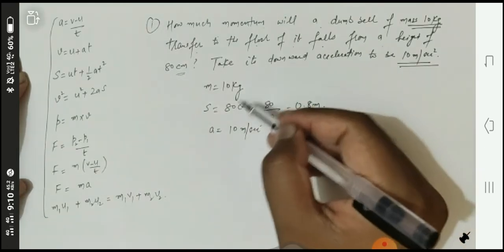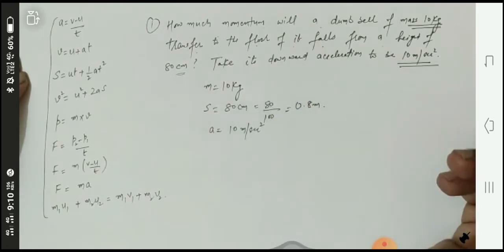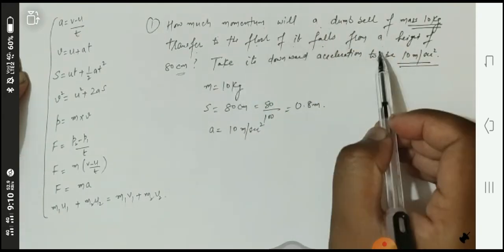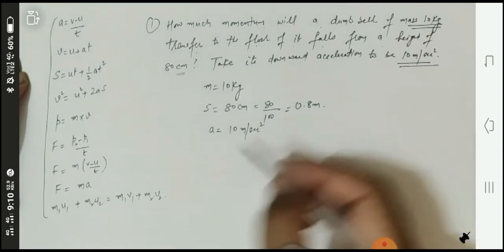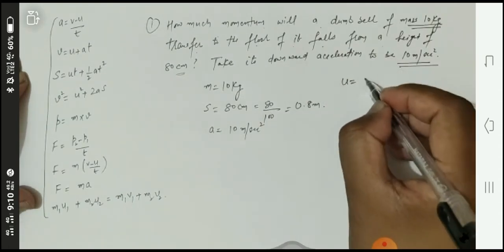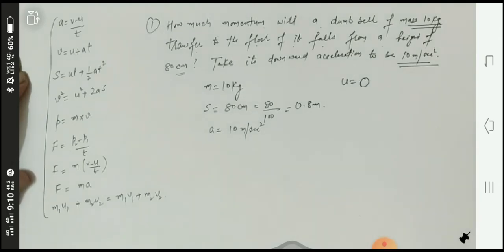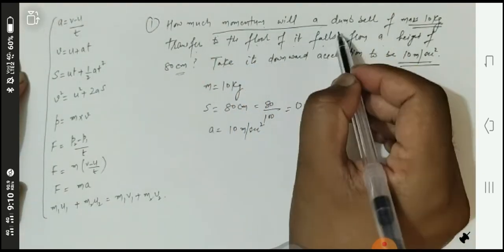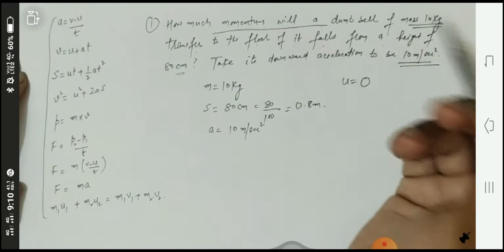So mass is given, displacement is there, and acceleration is there. Now the dumbbell falls from a height, means initially it was at rest, so initial velocity u is 0.